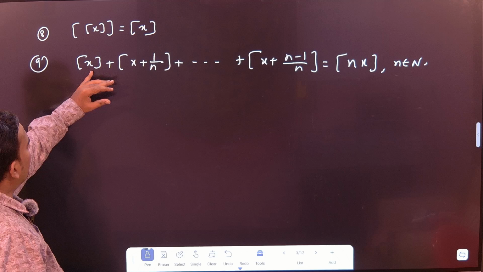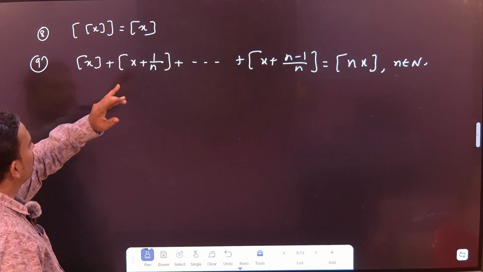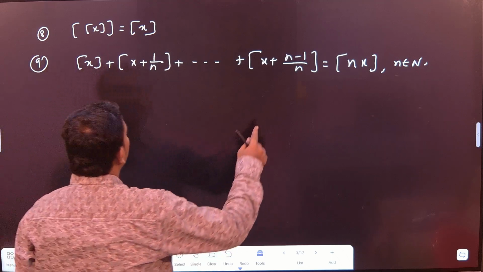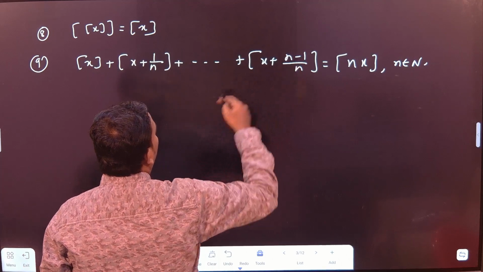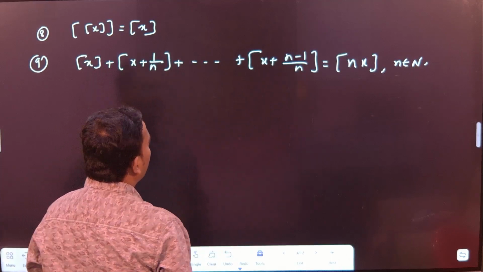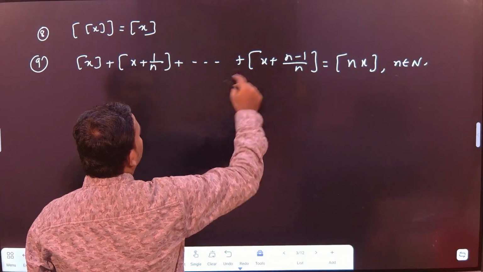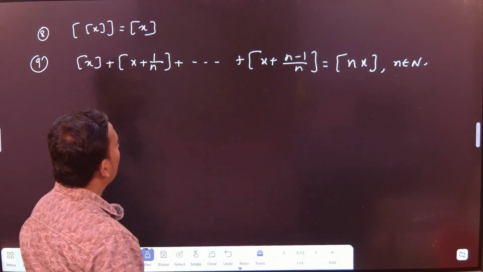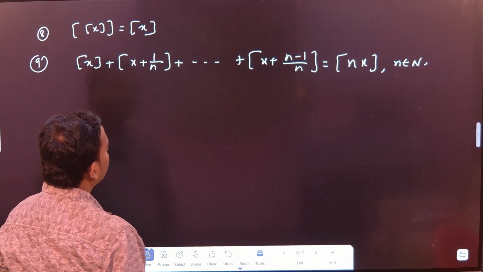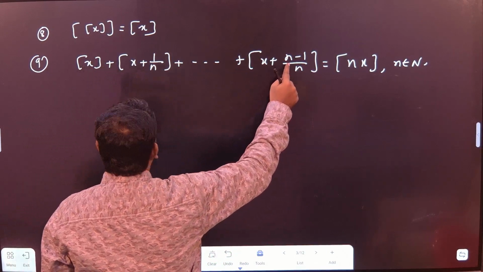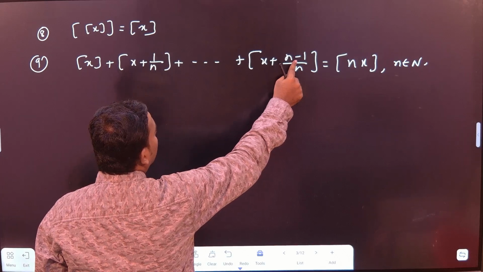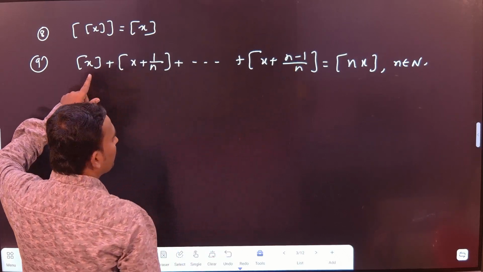You can see x plus 1 by n. For example, if you put n equal to 1, you will get the greatest integer function of x, the first term.